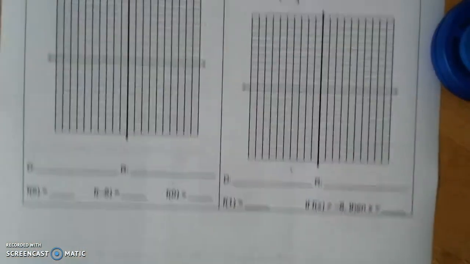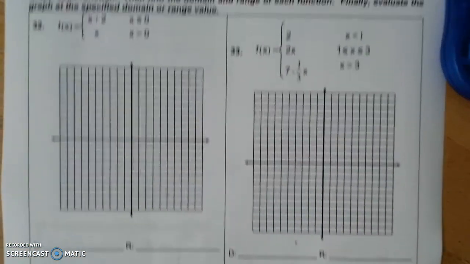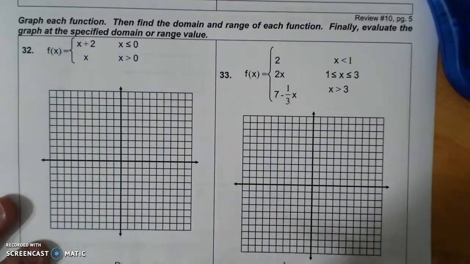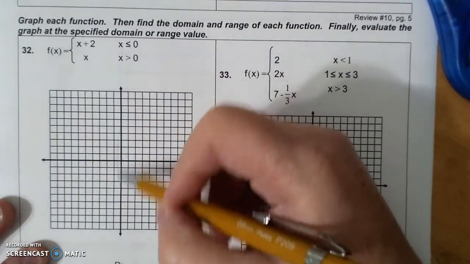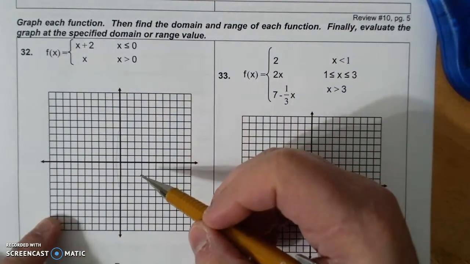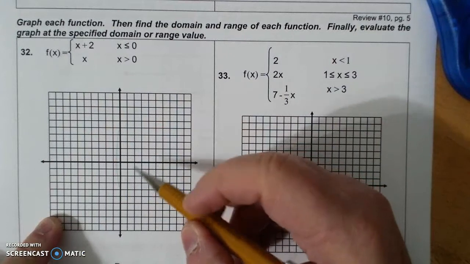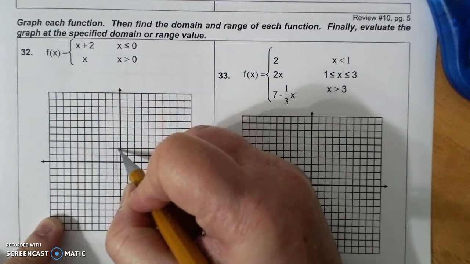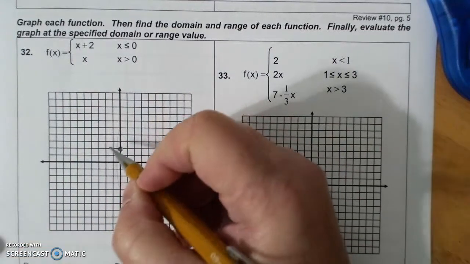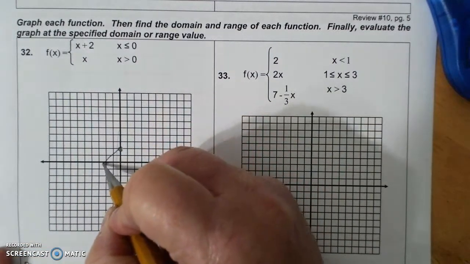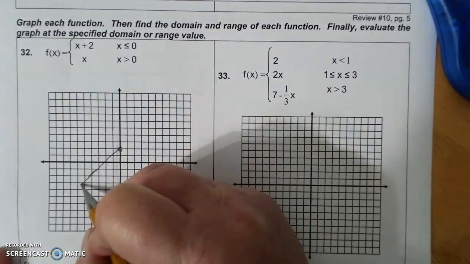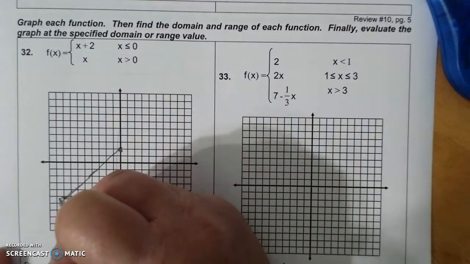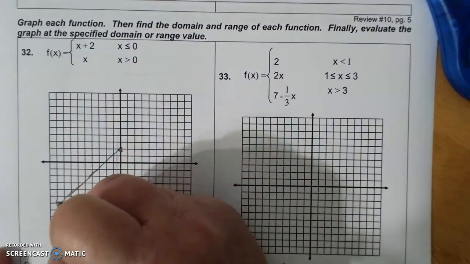Okay, here we go. Graph, whole bunch of stuff. So, for less than 0, I'm going to do x plus 2, and it's equal, so I have a closed dot, and I go through the diagonals because it's a line, and it's everybody, so we have an arrowhead.